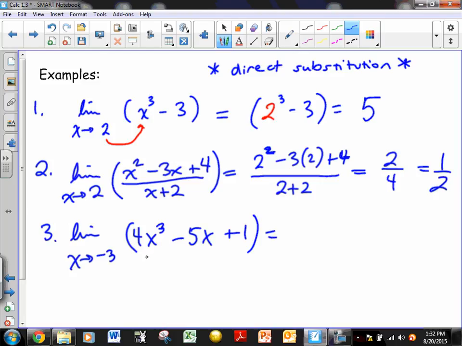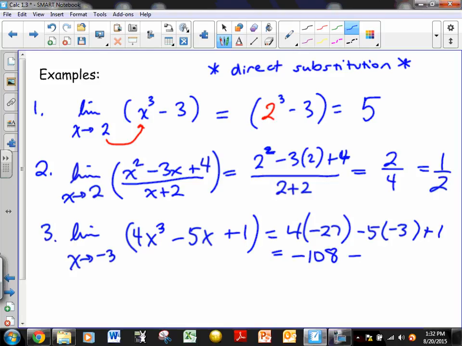Plug in -3. Well, 4 times -3 cubed, where -3 cubed is -27. Minus 5 times -3 plus 1. And you've got to do this exponent before you multiply. 4 times -27, what is that? -108, I believe.